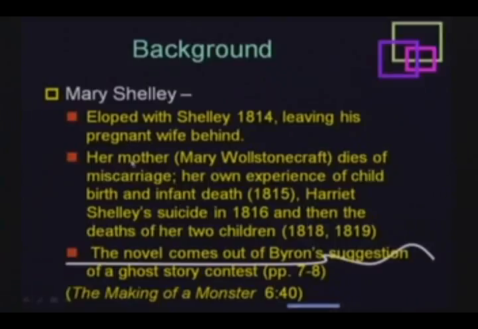Her mother's, Harriet committed suicide in the same year when this novel was written. The novel was first produced in the summer of 1816. Harriet committed suicide in winter. Okay, so it's the same year. And then the death of her two children. Okay.